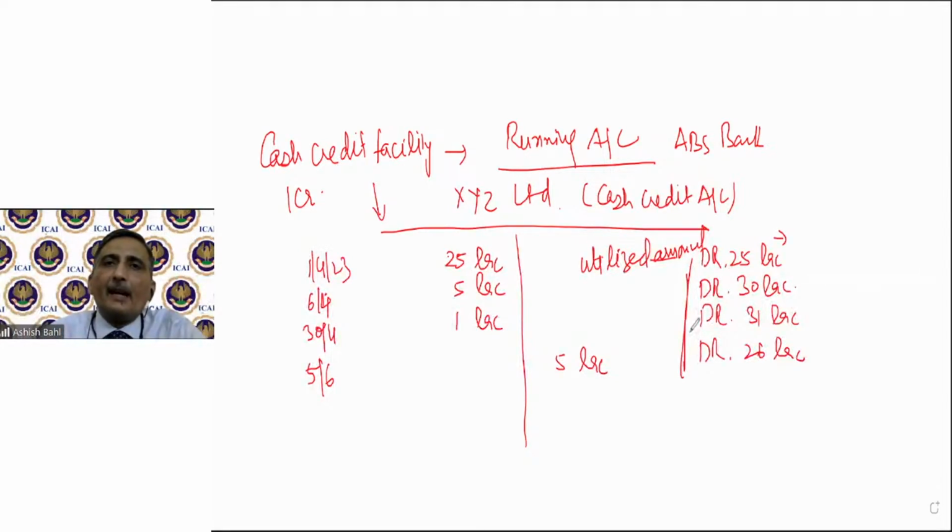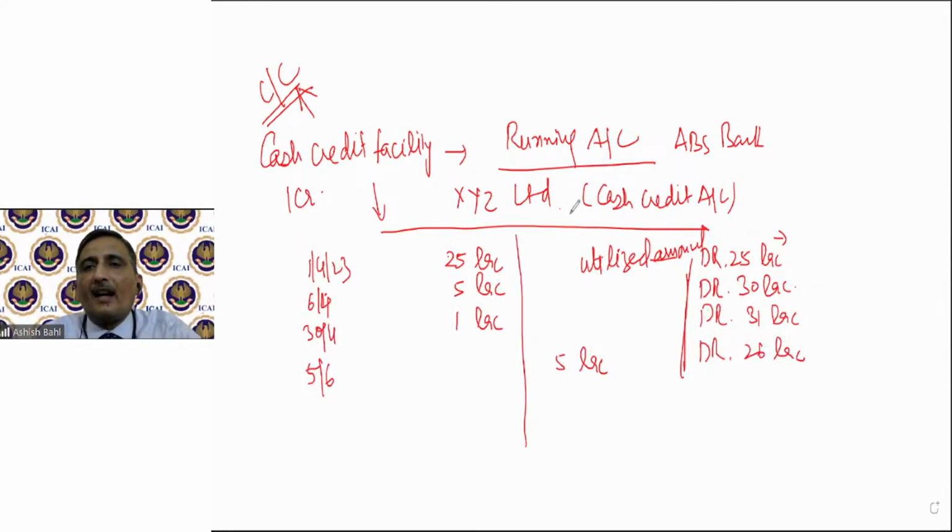Or when the company needs to stock more and wants to purchase more raw material or make more payments to its creditors, then it would be fully utilizing its credit facility. So this is how a cash credit facility account, which we call in banking language a CC account, runs. Okay, so is that clear?